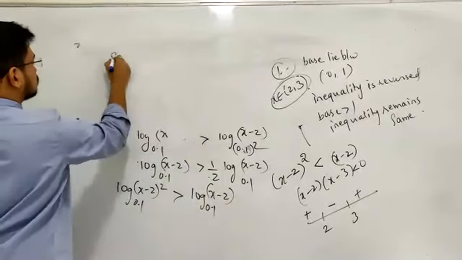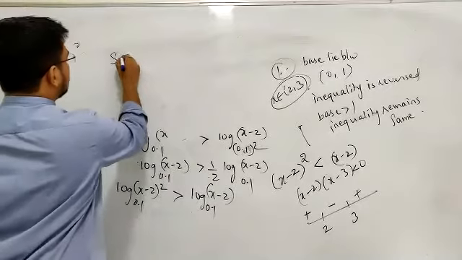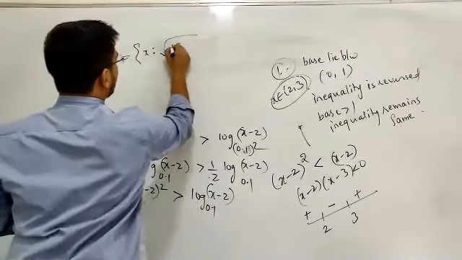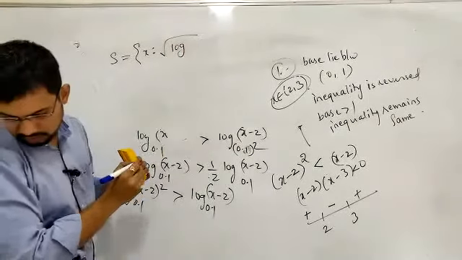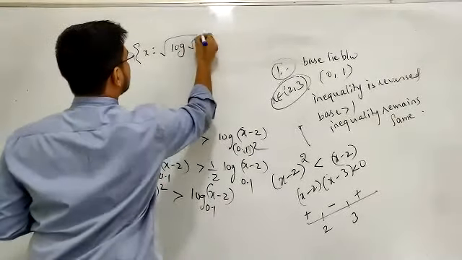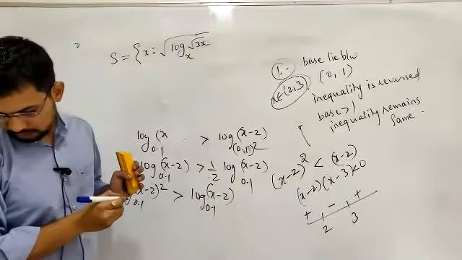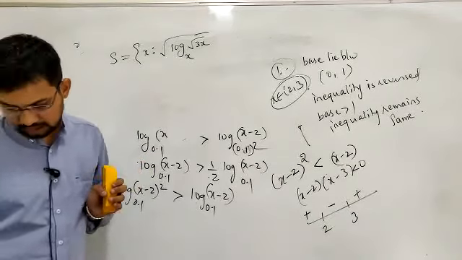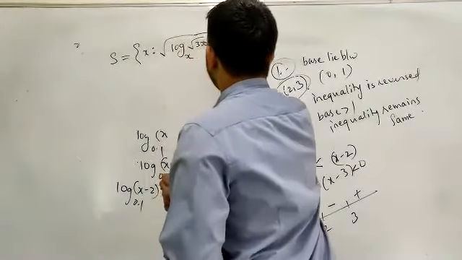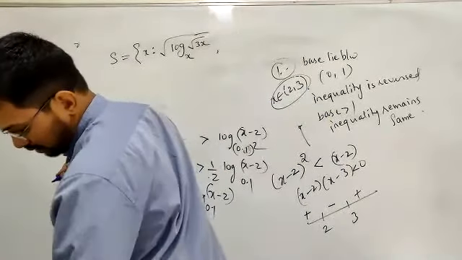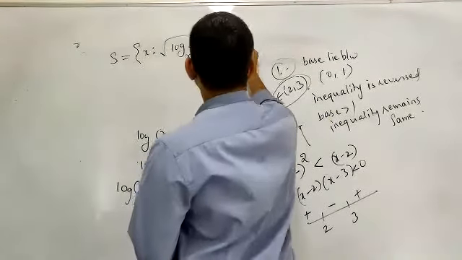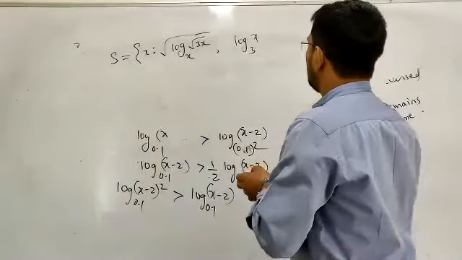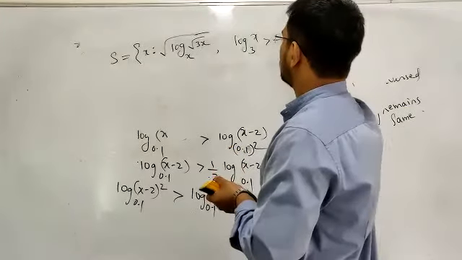Next. Yes is equal to x such that this is under root of log of under root of 3x to the base x, and this part is such that log x to the base 3 is greater than minus 1.